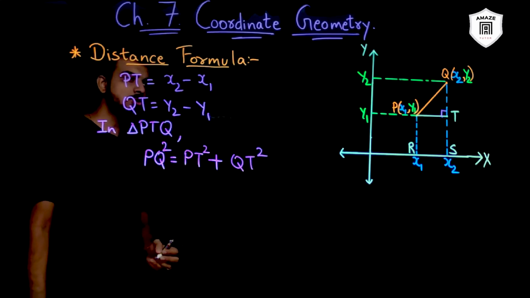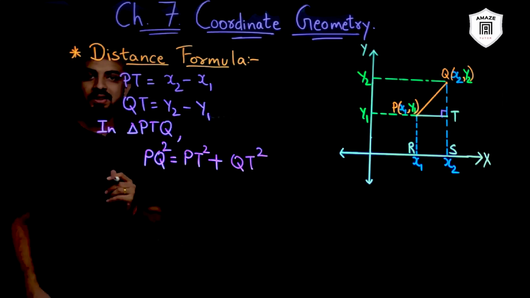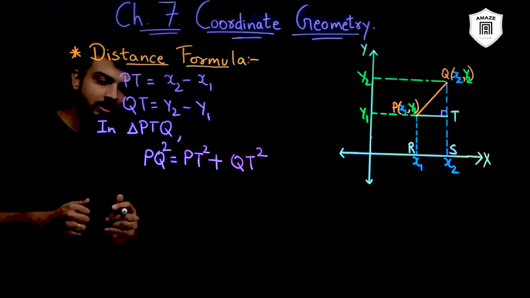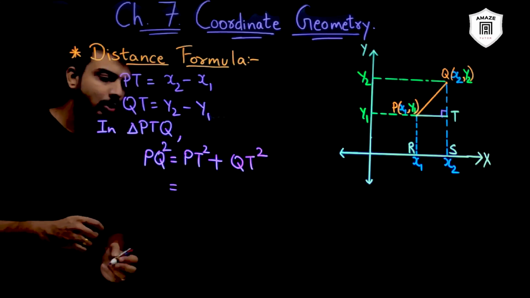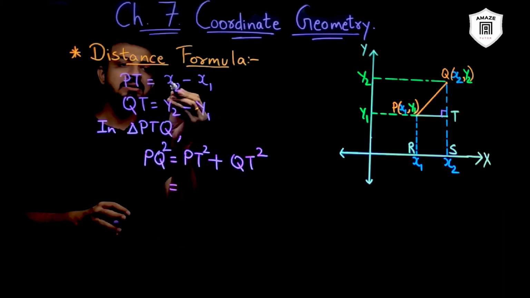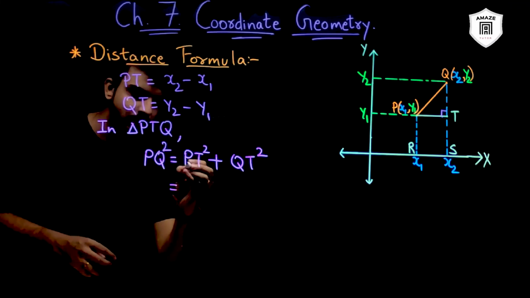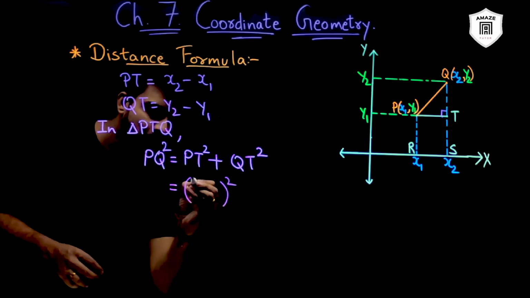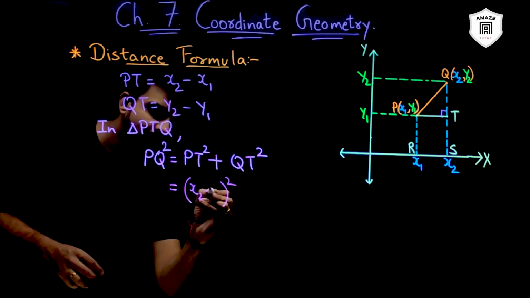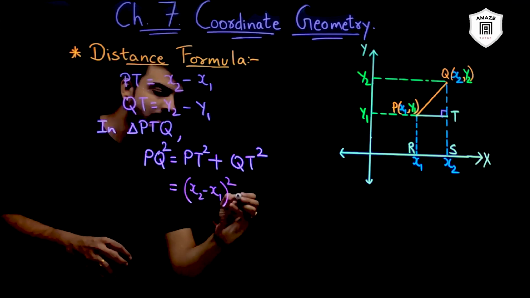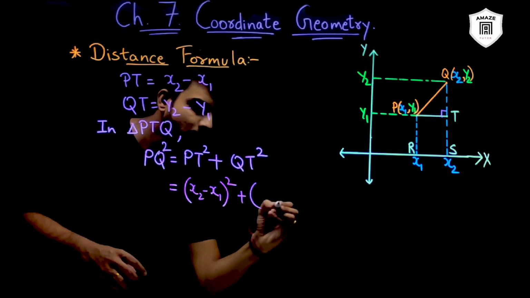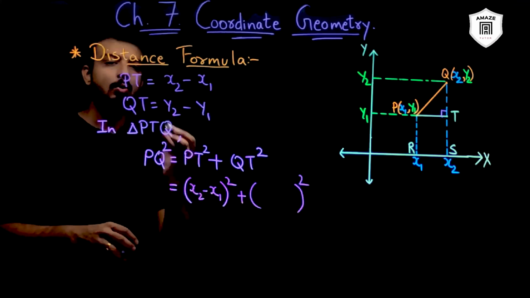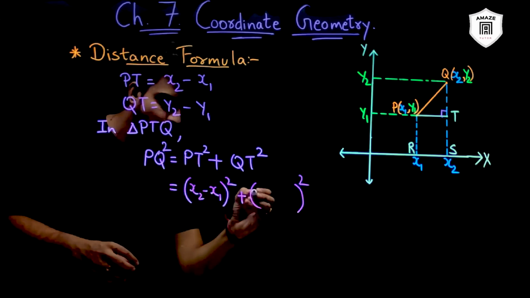So PQ square equals PT square plus QT square by Pythagoras theorem. Now, what is PT? PT is x2 minus x1. So let me write down, this is PT square, with PT as x2 minus x1, plus this is QT square. What is QT? It is y2 minus y1, right?